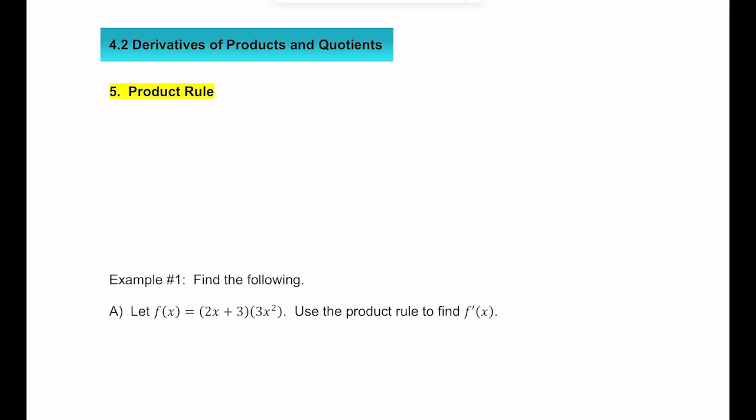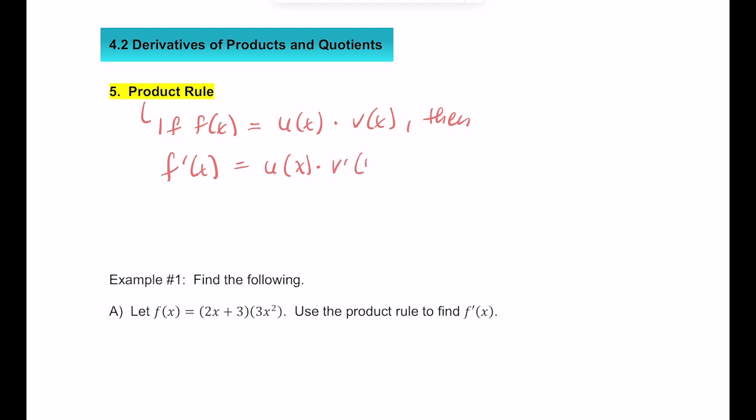In this lesson, we're going to look at the product rule and the quotient rule for derivatives. So the product rule says if f of x equals u of x times v of x, then f prime of x, so the derivative of f of x, will equal u of x times the derivative of v of x plus v of x times the derivative of u of x.